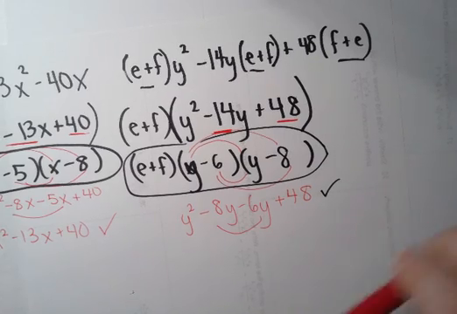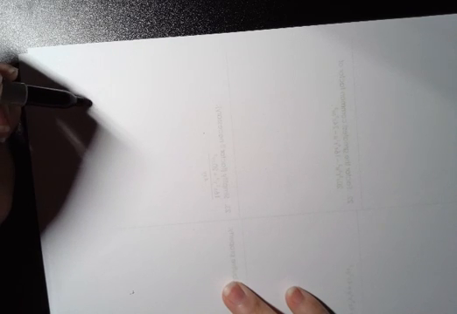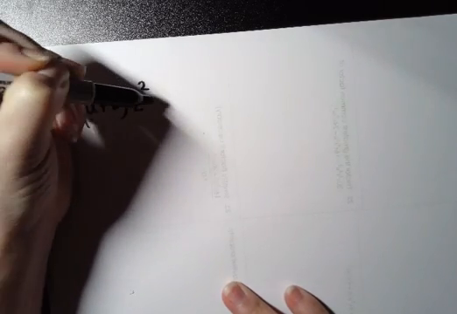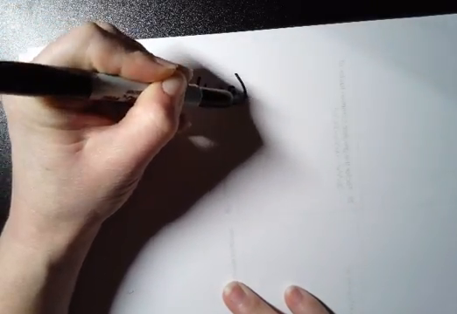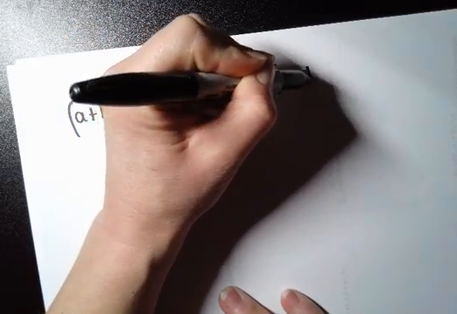Okay, let's do one more example that's like this one. A plus b times z squared plus 2z times b plus a minus 48 times a plus b.